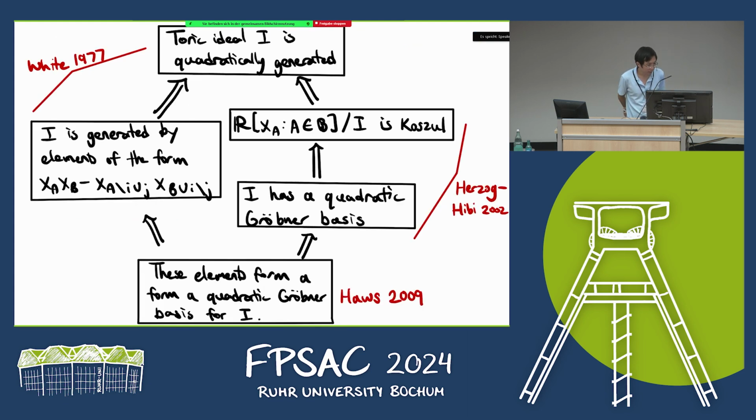Okay, so I called that White's conjecture, but actually he conjectured several things. So I put some of them here. So the weakest form is that the toric ideal is quadratically generated, but another thing that he conjectured is that the generating set for this ideal is elements of the following form: x_a times x_b minus, basically swapping 2 elements between these 2 bases.